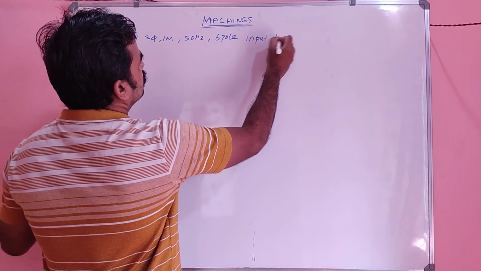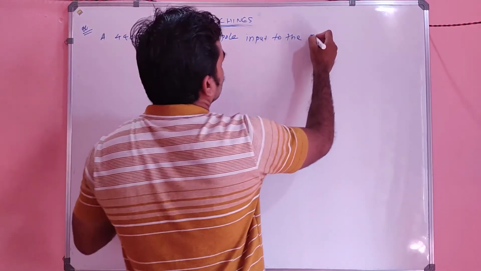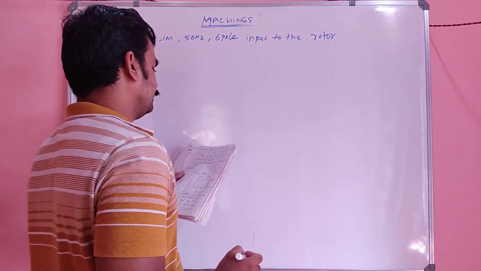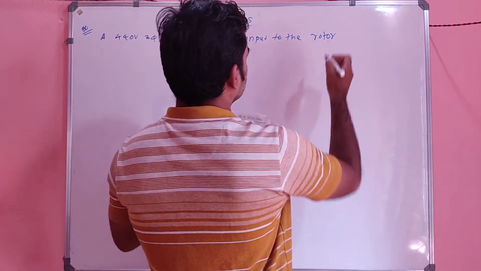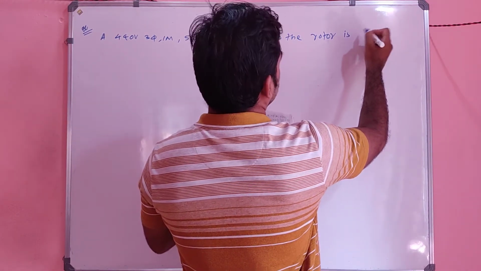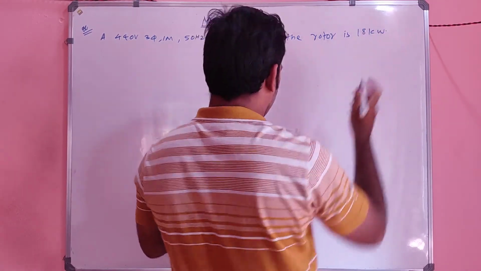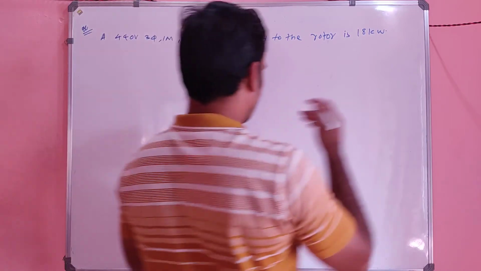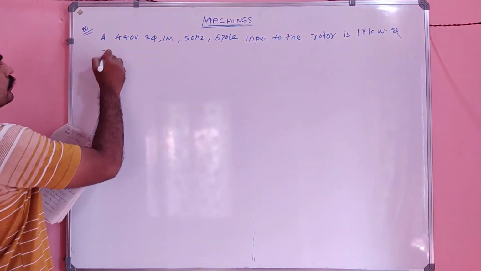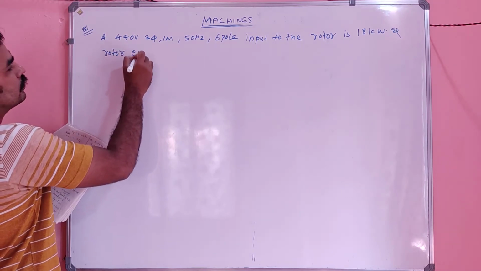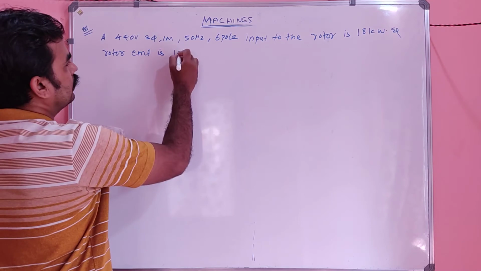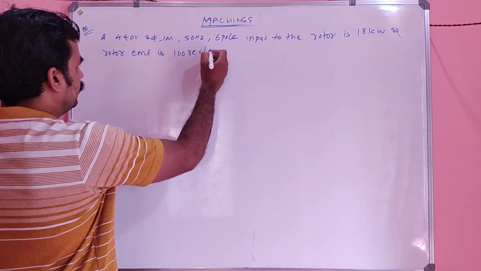Input to the rotor is 18 kilowatt and rotor EMF is 100 revolutions per minute.